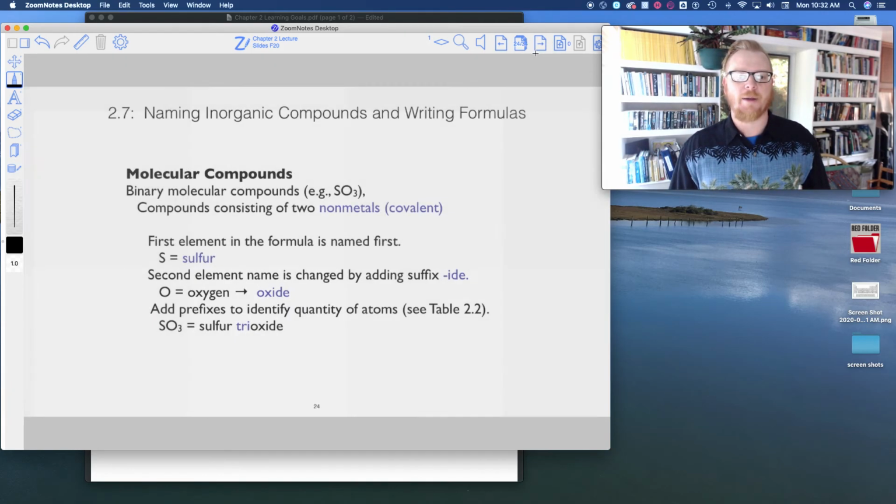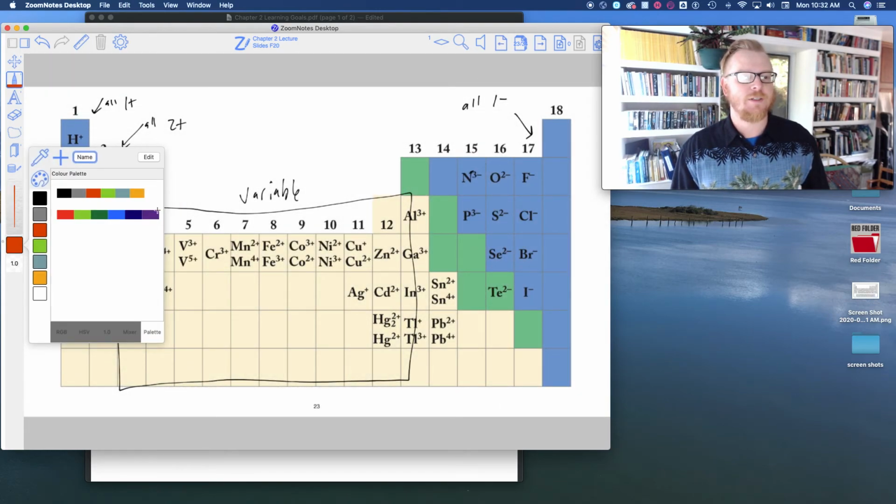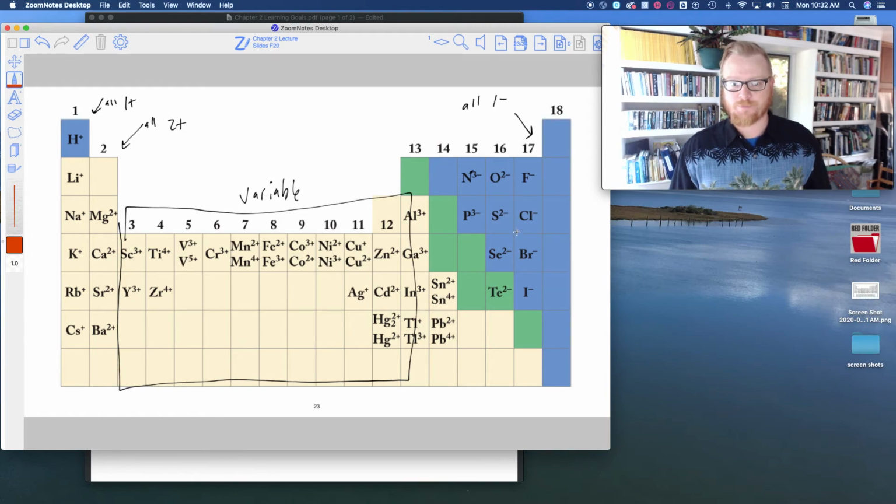So let's go through that. And so, I'm going to circle in red some of the ones that I think you should know, okay? These ones. And these ones. These you should know, okay? Red is stuff you should know. These ones. All right?